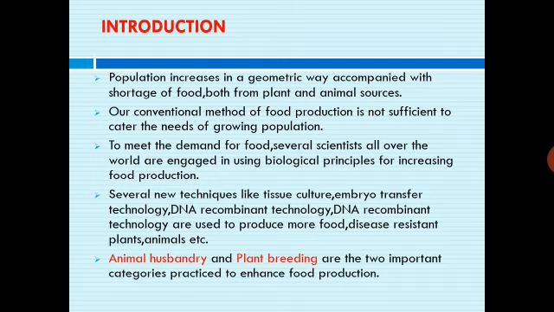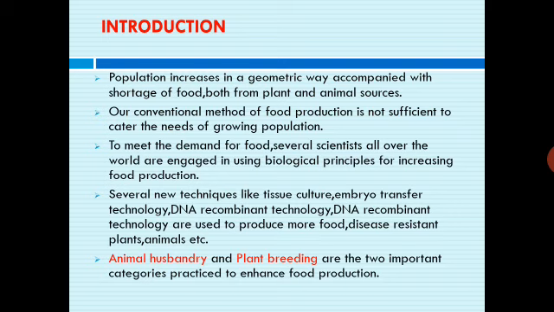Population increases in a geometric way, accompanied with shortage of food both from plant and animal sources. Our conventional method of food production is not sufficient to cater to the needs of the growing population.